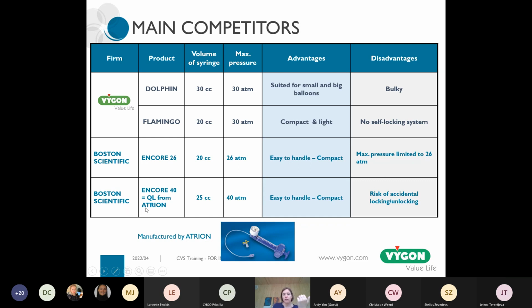And in the range, I told you that numerous companies have an Atrion in their range. They have the Encore 40, which is the QL, and the volume of the syringe is 25, and the maximum pressure is 40 atm. It is easy to handle and compact, but you have the risk of locking and unlocking.